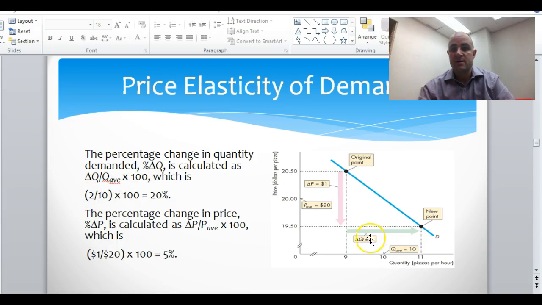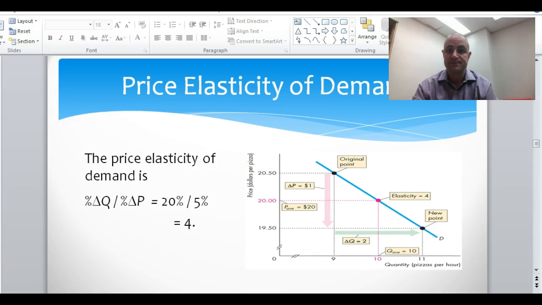So quantity goes up by 2 divided by 10. Price goes down by 1 divided by 20. So over this period, quantity went up by 20%. Price went down by 5%. 20 divided by 5, and that's where you get your 4.